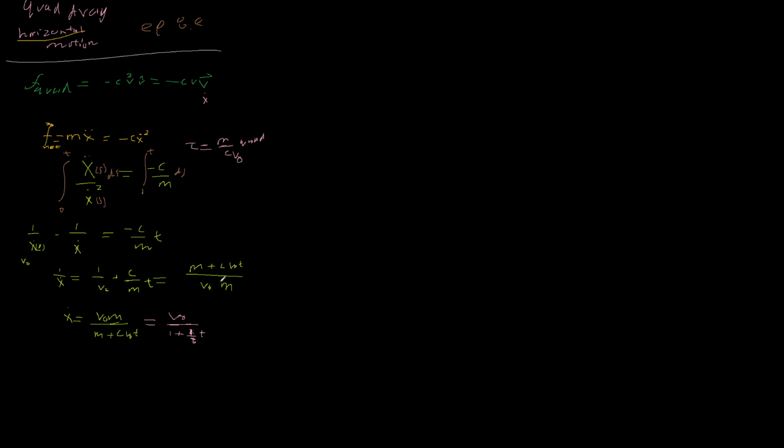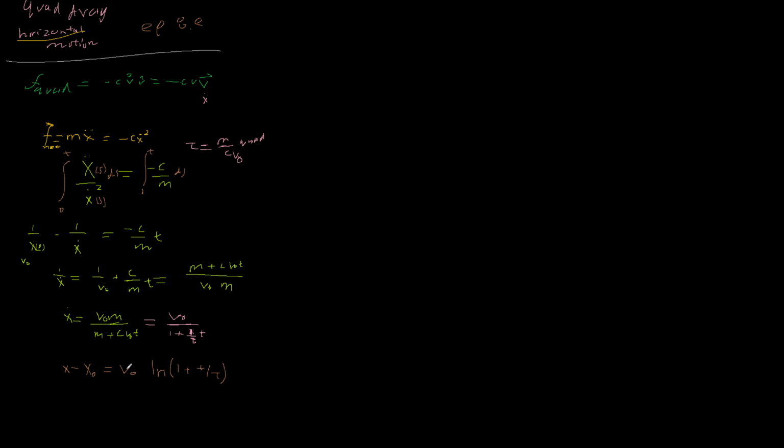So what can we do with this now? Well, we want to integrate once more. We do the same thing as we did up here. We get x minus x naught is going to be equal to, and then this is a logarithm, v naught times the natural log of 1 plus t over tau.